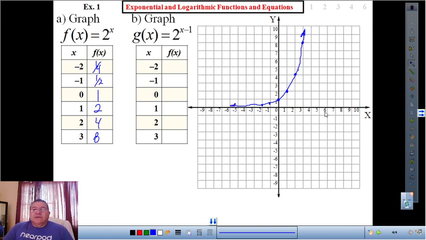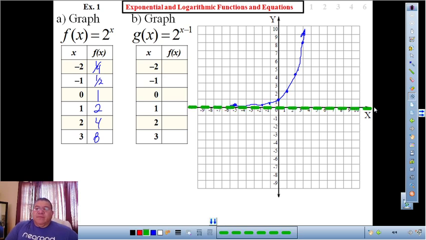And I didn't include the asymptote right now. I just want to make sure that we go through the other one so you guys can see the other part. So let me include the asymptote just to make sure that we remember the process. Here it goes.